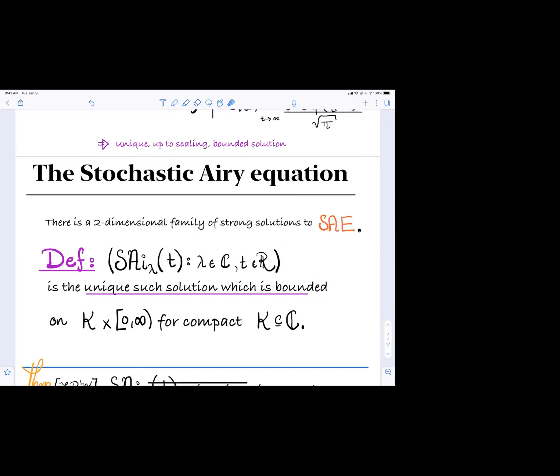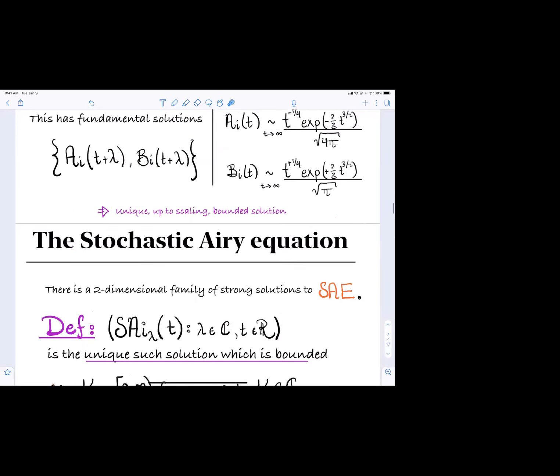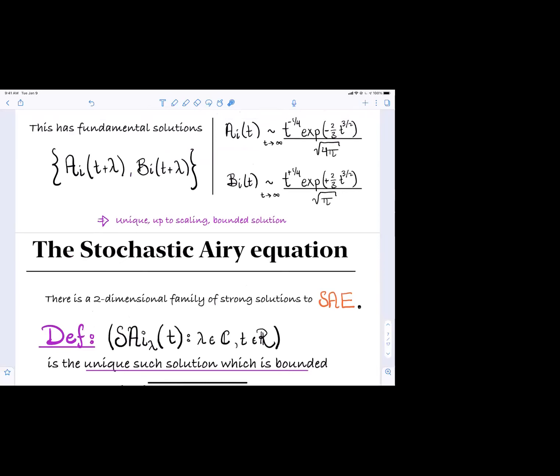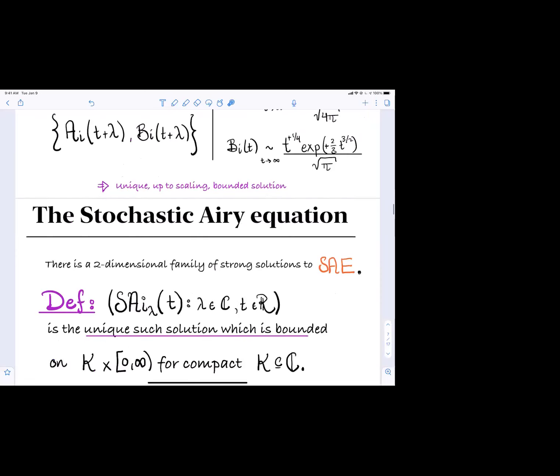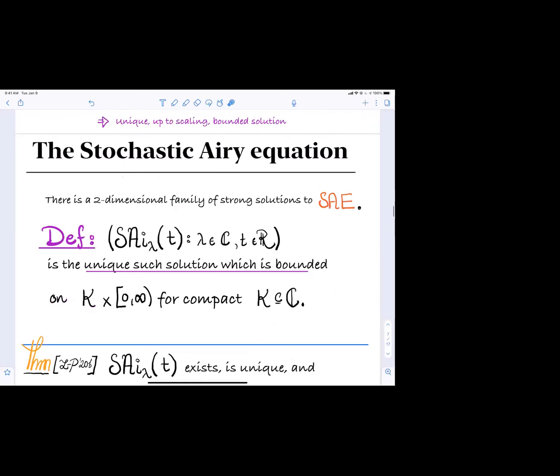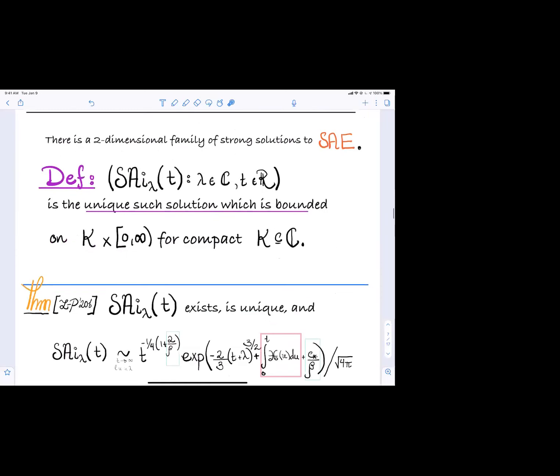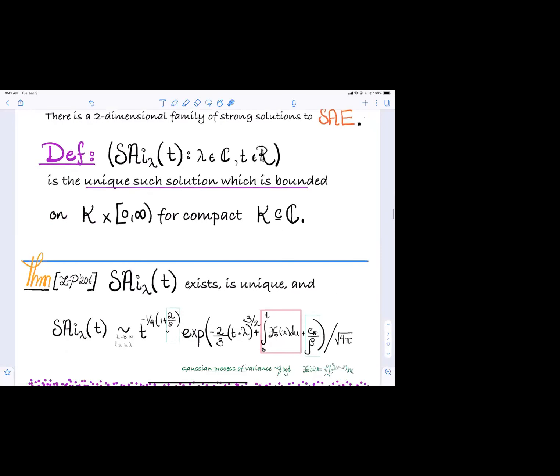Now, I have to prove to you that this is actually a well-defined statement. We don't know that you have this picture where you have solutions that grow and that there exists one that's bounded. But this will turn out to be a well-defined object. And that's our first theorem.